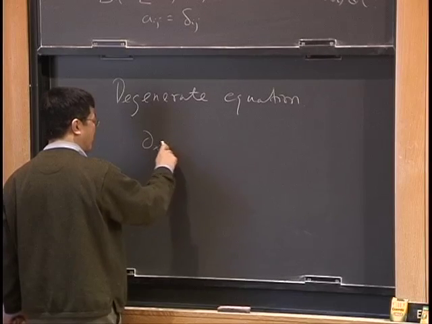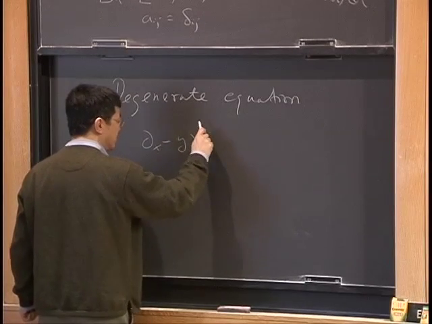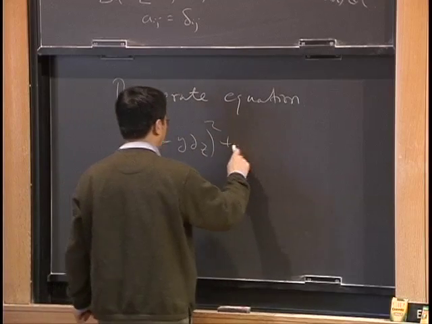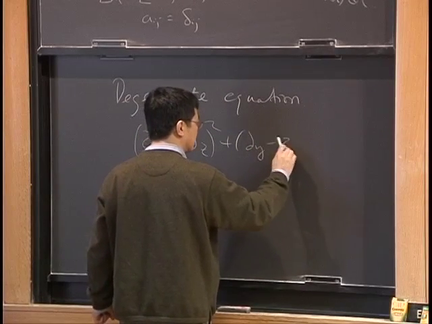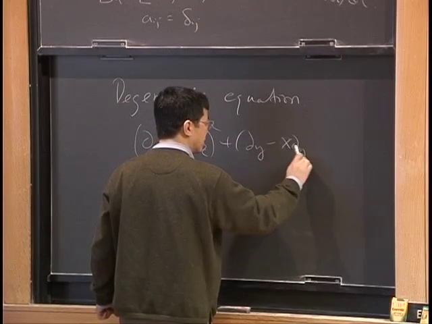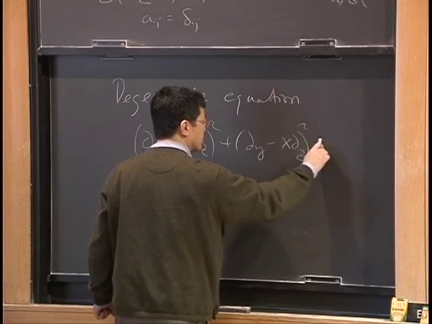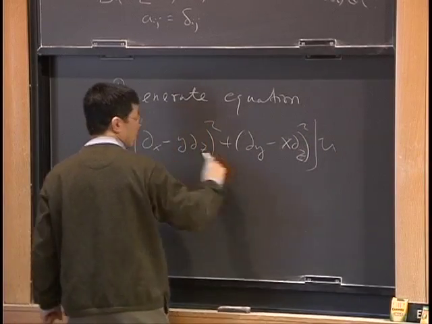(dx minus y dz) squared plus (dy minus x dz) squared of u equals f.